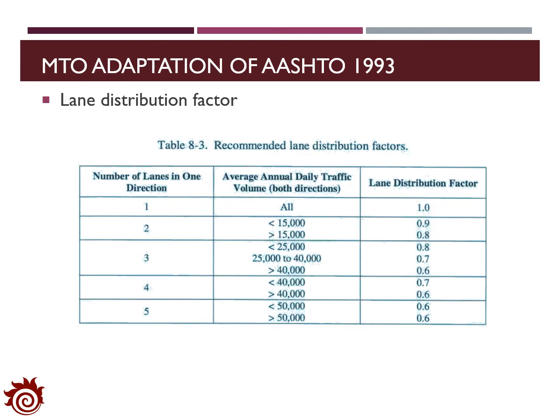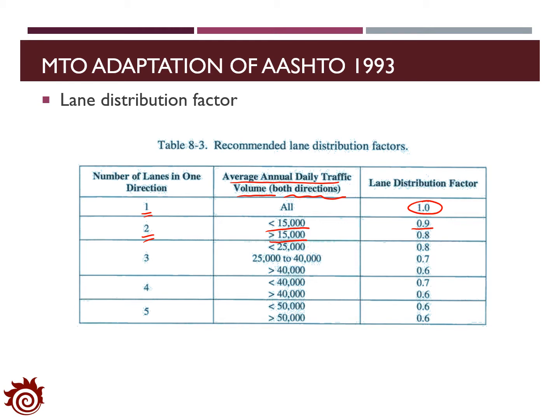Moreover, the lane distribution factor is determined by the number of lanes in one direction and the average annual daily traffic volume for both directions. If the number of lanes in one direction is 1, then the lane distribution factor is set as 100%. For 2 lanes in one direction, if the ADT is less than 15,000, then the lane distribution factor is set as 90%.